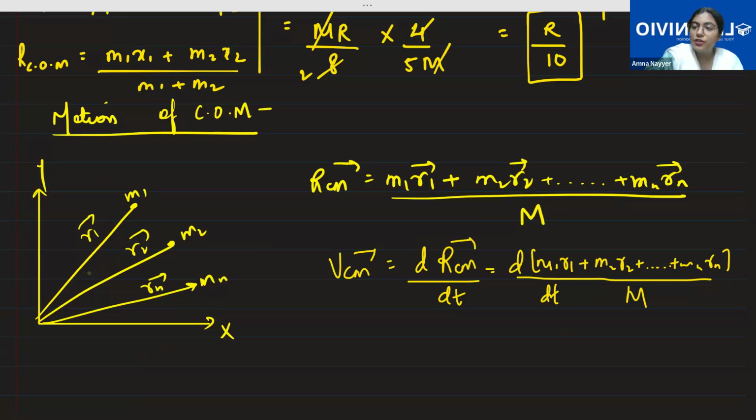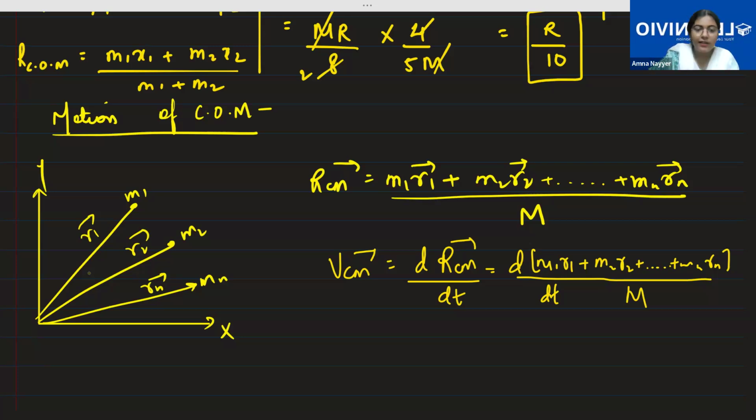Now once you know where the center of mass is located, if the body is moving, that center of mass, wherever it is located, will have its respective velocity also. The whole body is moving, and all these different particles are present with their individual velocities. The center of mass, which is the prototype of all of this, will also have a particular velocity.